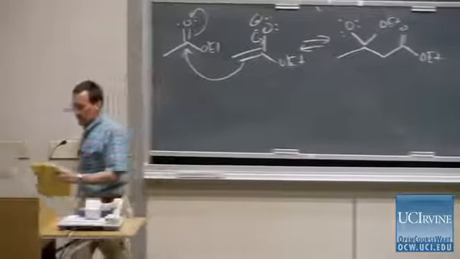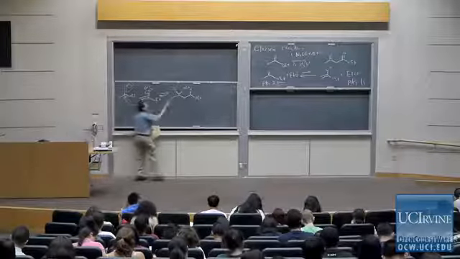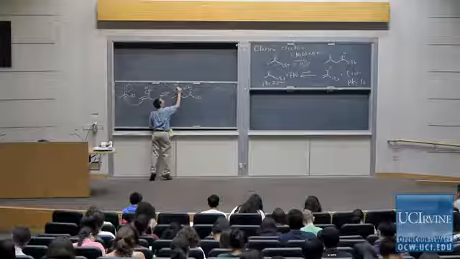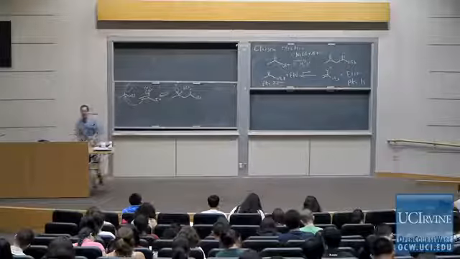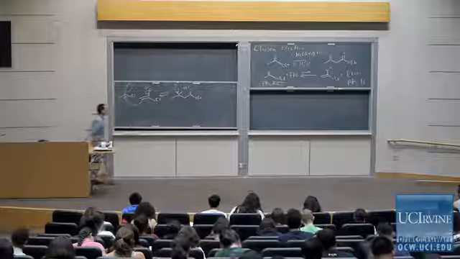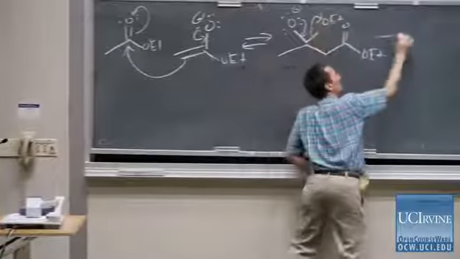Remember, tetrahedral intermediates aren't stable. They break down. Our oxygen kicks back in. The carbon-oxygen double bond is very strong. We can expel a leaving group. Ethoxide leaves.